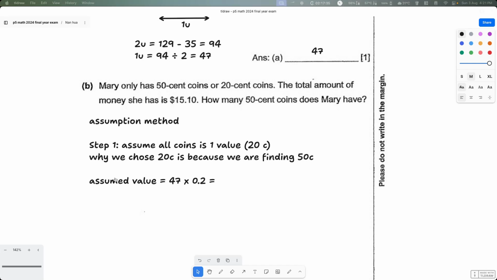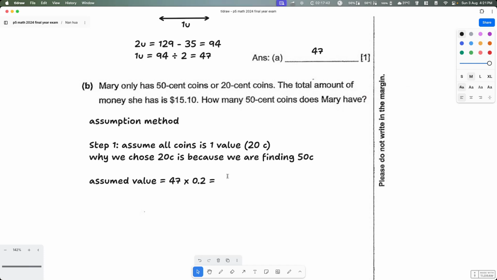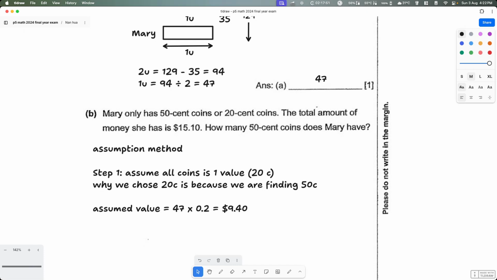Where is the calculator? Multiply by 0.2, that gives us $9 and 40 cents. So the assumed value that we have for the 20-cent coins is $9.40.